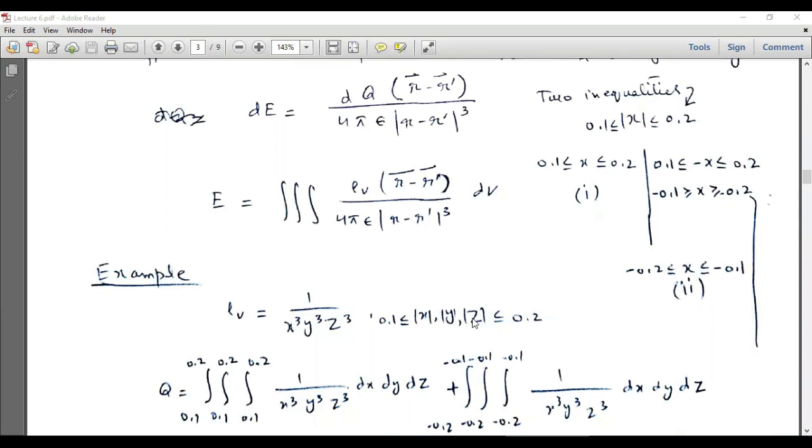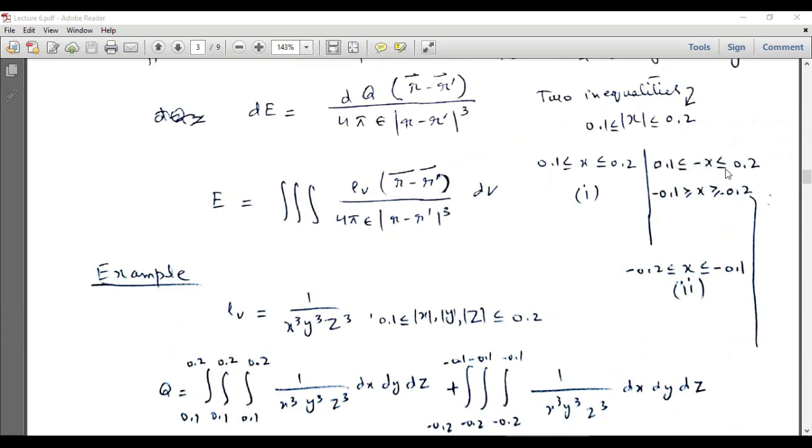First x, y, and z will be considered as positive, and then x, y, and z will be considered as negative. So these are two inequalities. If we consider the first variable of integration x, then the first inequality will become 0.1 less than or equal to x less than or equal to 0.2, and in the second inequality mod x will be written as minus x, so it will be 0.1 less than or equal to minus x less than or equal to 0.2.